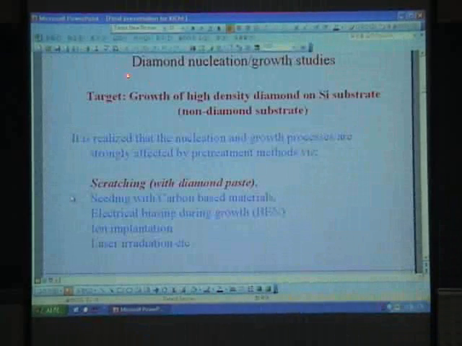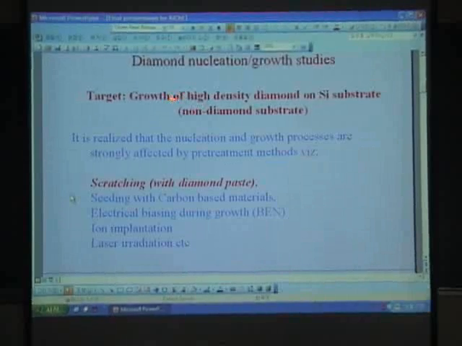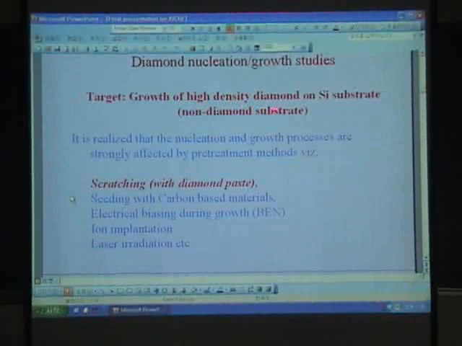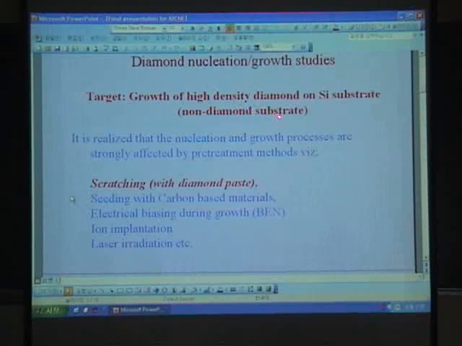So here the target of my study is growth of high density diamond on silicon substrate, which is a non-diamond substrate. So here I use some pre-treatments. First one is scratching with diamond paste, and by scratching it gives some residual stress seeded in the substrate surface.